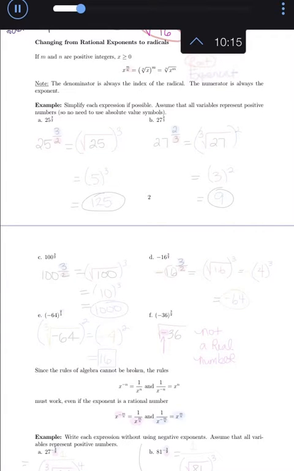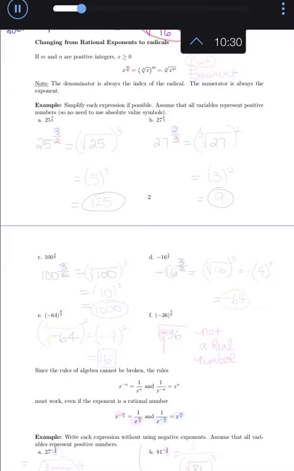Now let's look at simplifying some expressions that have rational, meaning fractional, exponents.